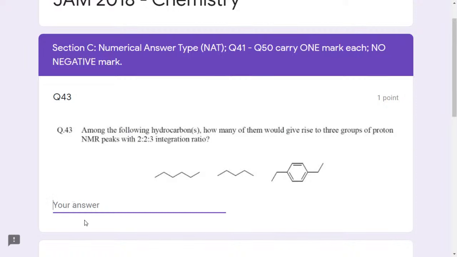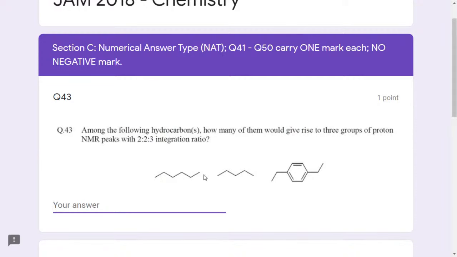Among the following hydrocarbons, how many of them would give rise to 3 groups of proton NMR peaks with 2:2:3 integration ratio? What is the ratio here? So this 1, 2, 3. How many signals you will get? 1, 2, 3. Same signals.